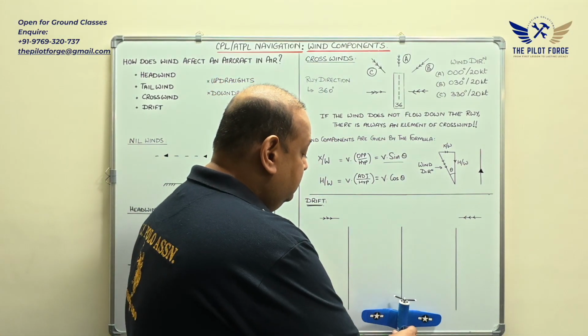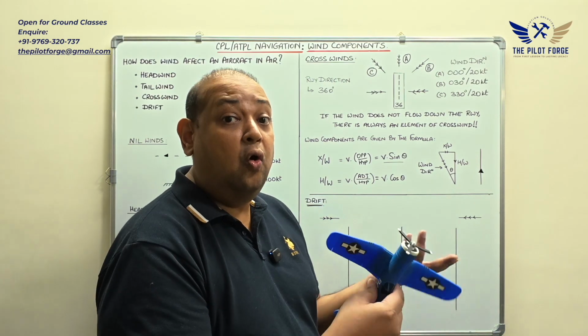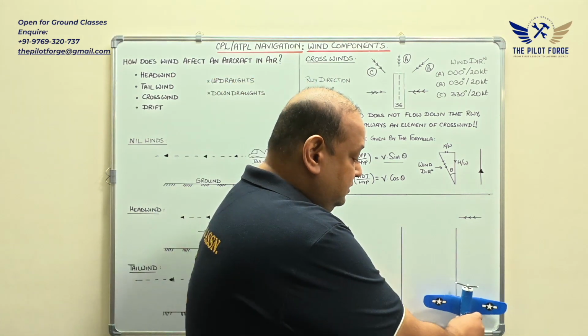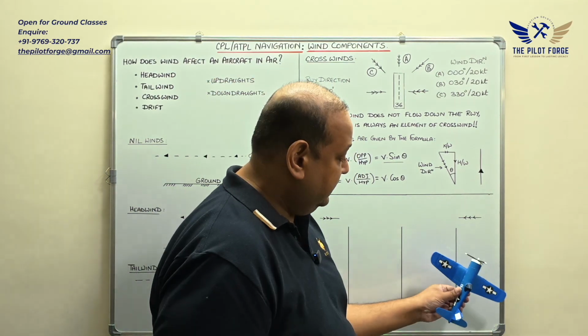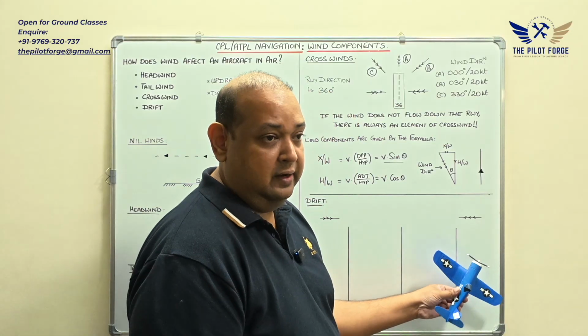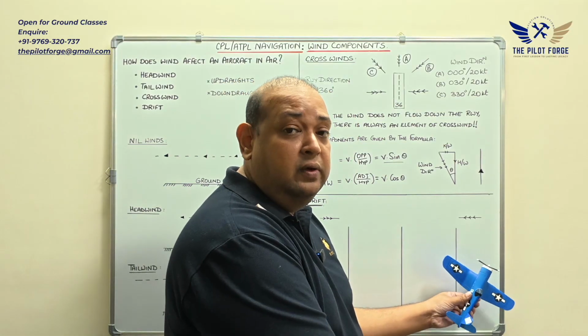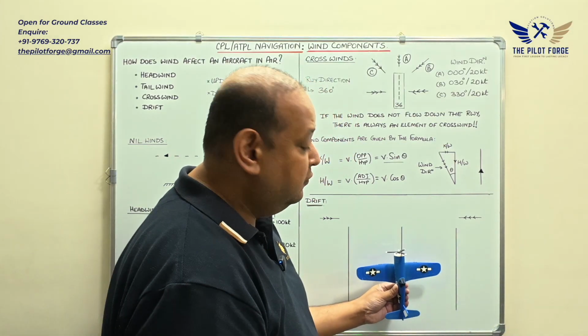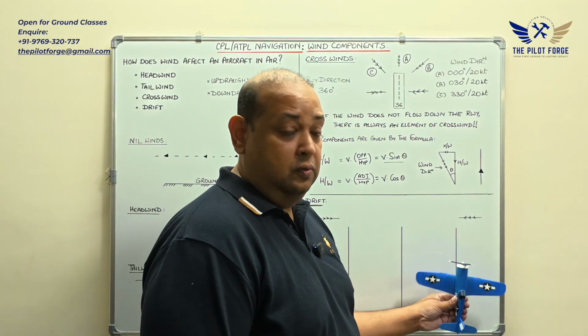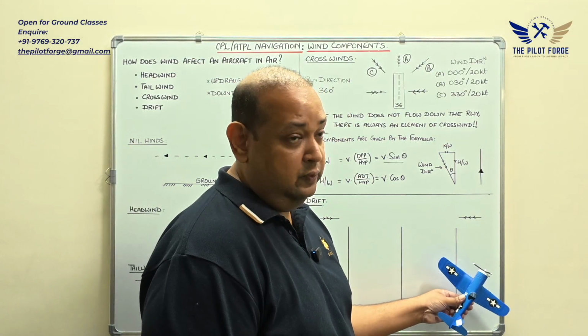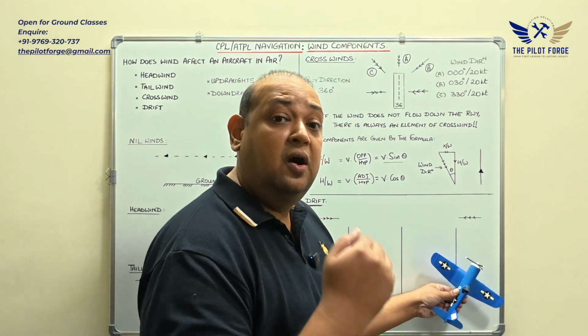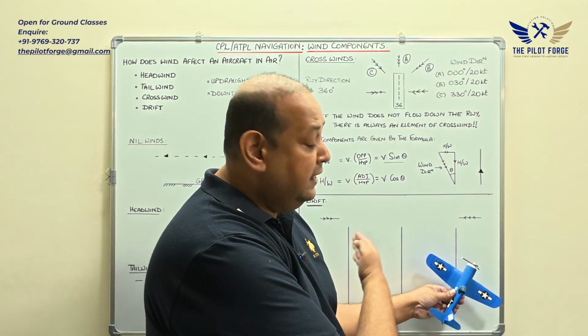Now, in this situation, there's no wind, so we don't need to hold any kind of a drift. In this situation, if we did not correct for the wind by turning our aircraft to head into the wind, what would happen is we would get drifted off to the left. So, by turning our aircraft into the wind, what we are doing is we are holding the aircraft from drifting to the left.